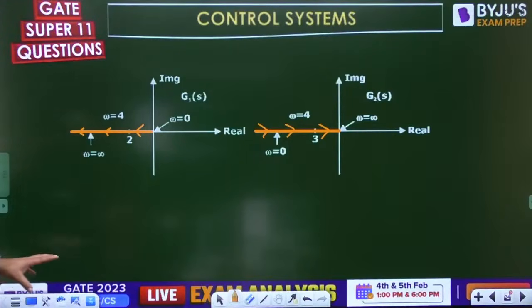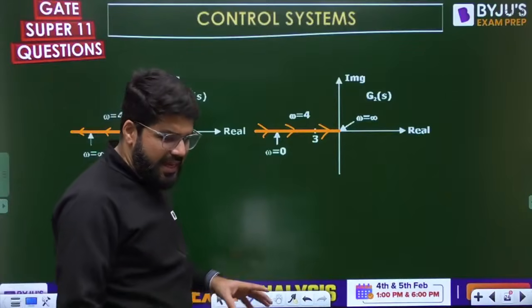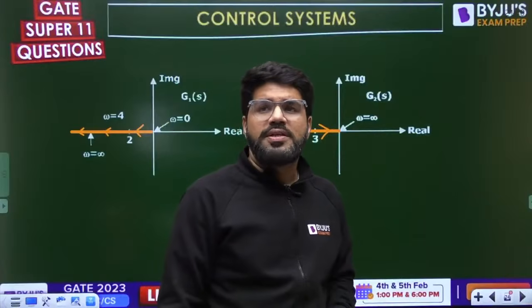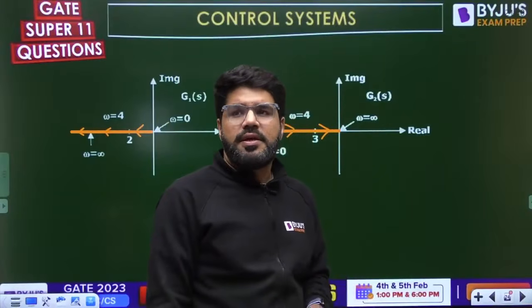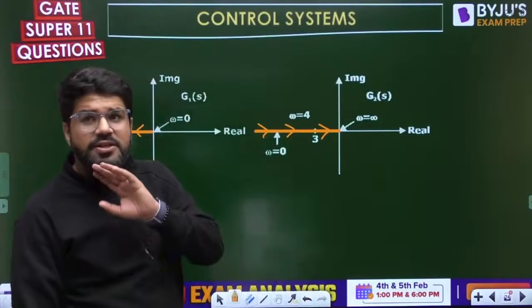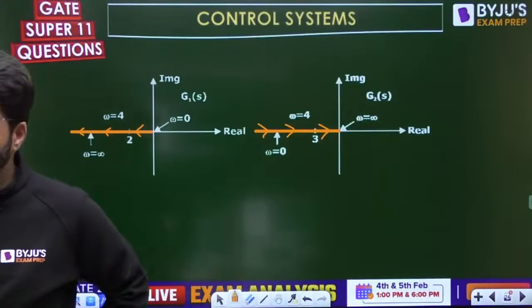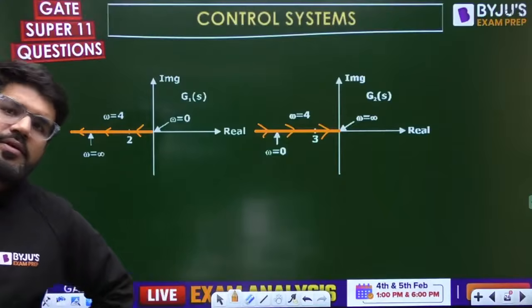Now please pay attention. The point to be noticed is, can I guess G1s and G2s? Both the polar plots are purely on the real axis. There is no imaginary term actually.